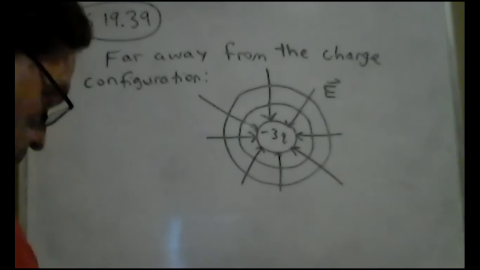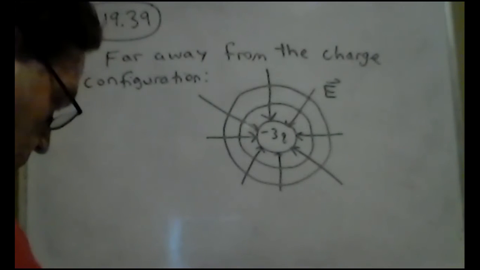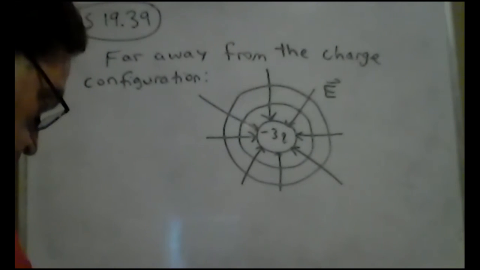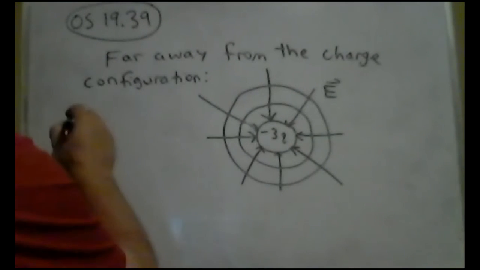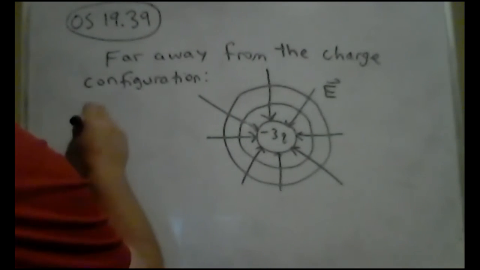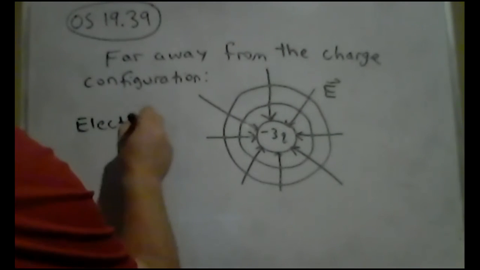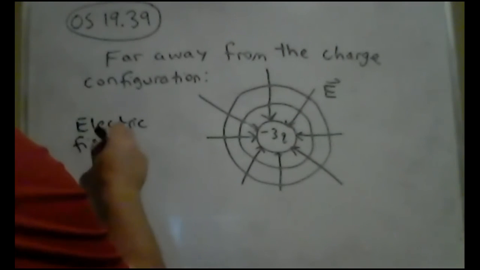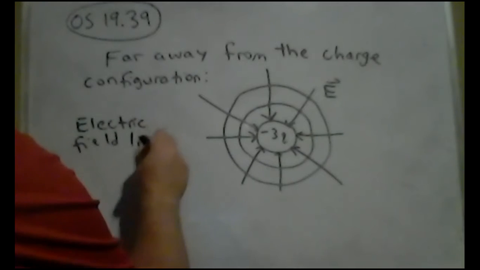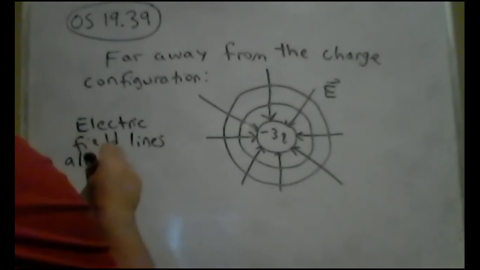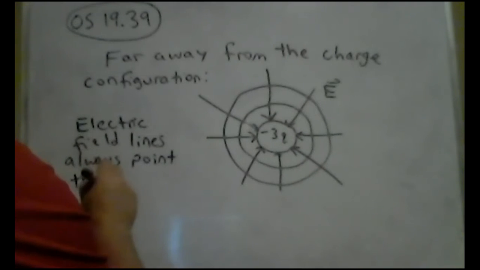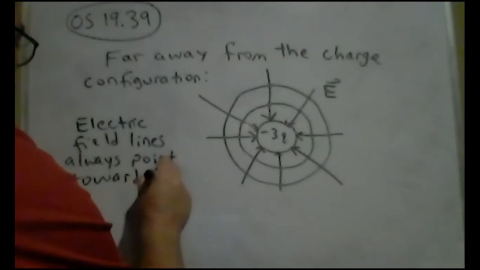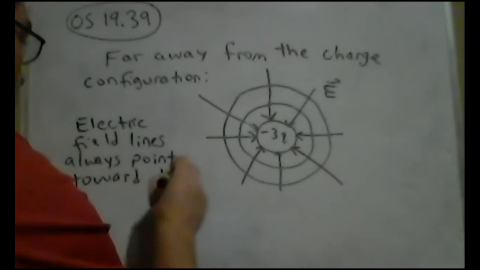Now, indicate the direction of increasing potential. Well, let's remind ourselves: electric field lines always point toward decreasing potential. They always go from higher to lower potential.